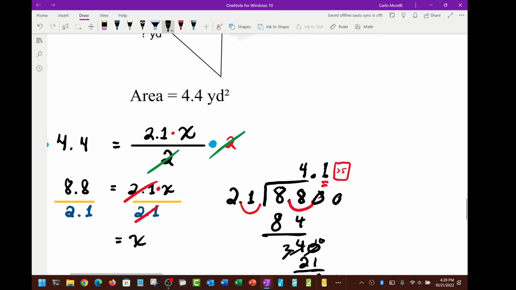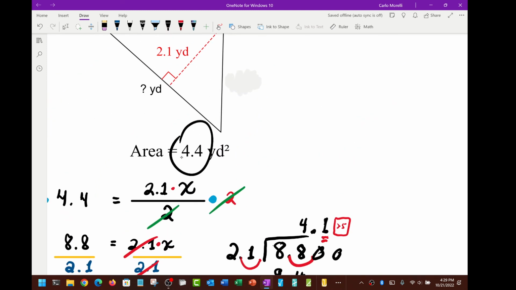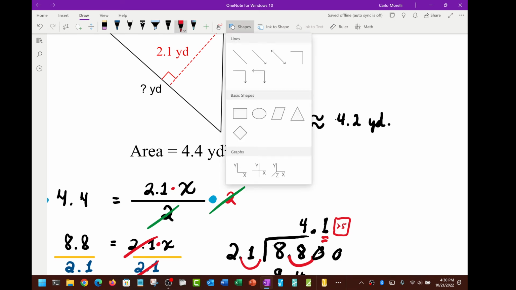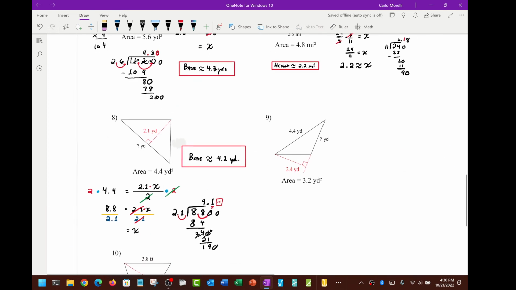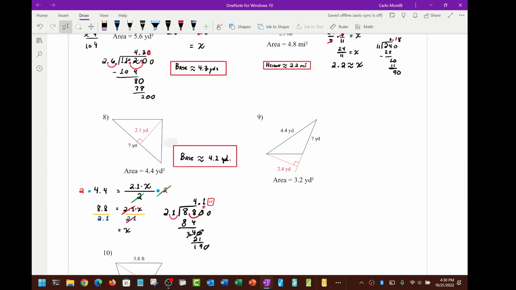And significant figures here tell me I only need to go 1 decimal place. So we'll say base equals approximately 4.2 yards. Pardon me, 4.2 yards. Okay. So that's it. And we're 2 away from done.